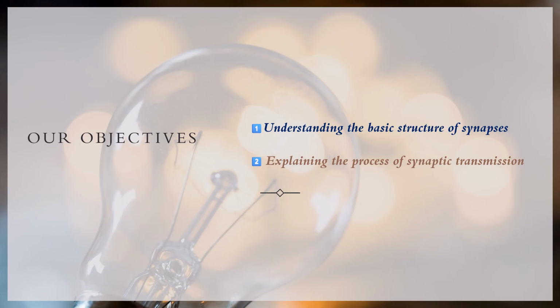Let's start. We are discussing today the key event occurring at synapses, and for that we will focus specifically on chemical synapses, which rely on molecules to transmit signals from one cell to another.